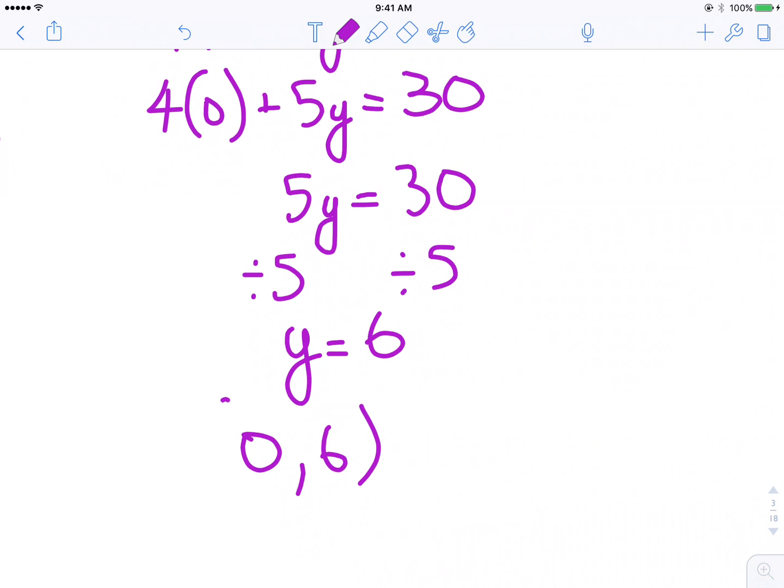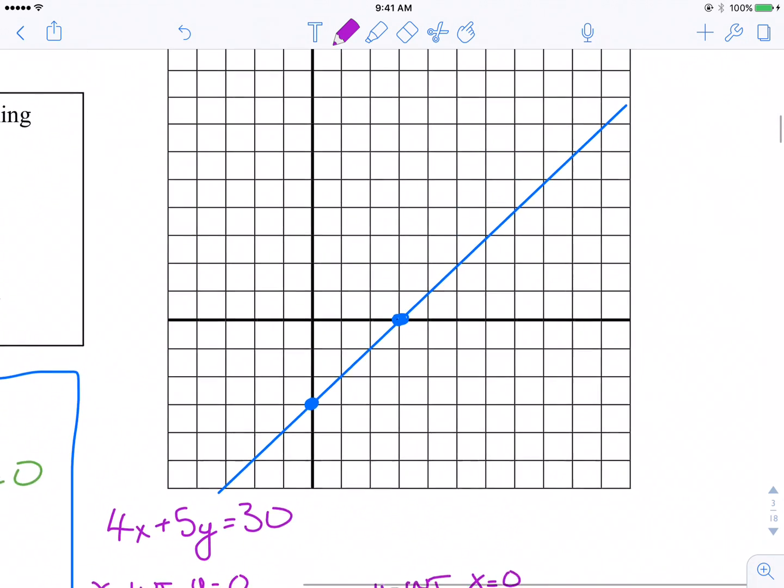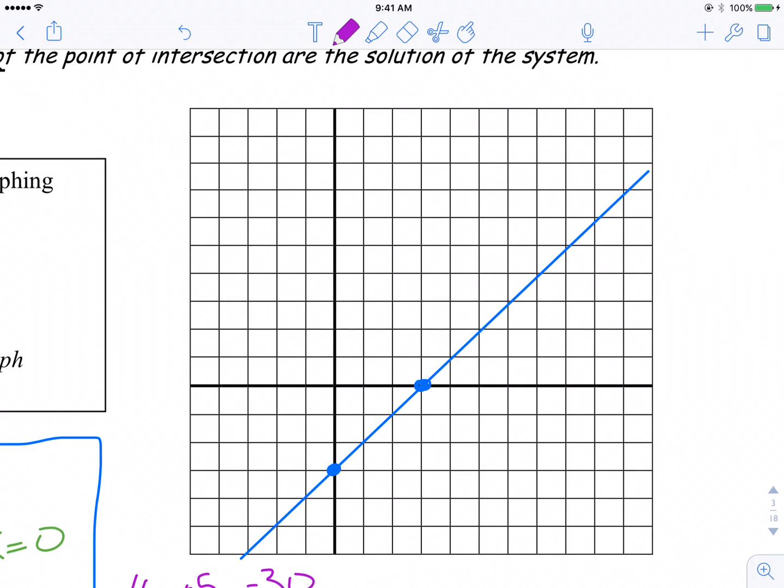So 0, 6 is my other coordinate point, my y-intercept. Plot those points: 7.5, 0, and 0, 6. Again, I'm going to try to get that semi-accurate. I'm just going to start my line here to make it simple.